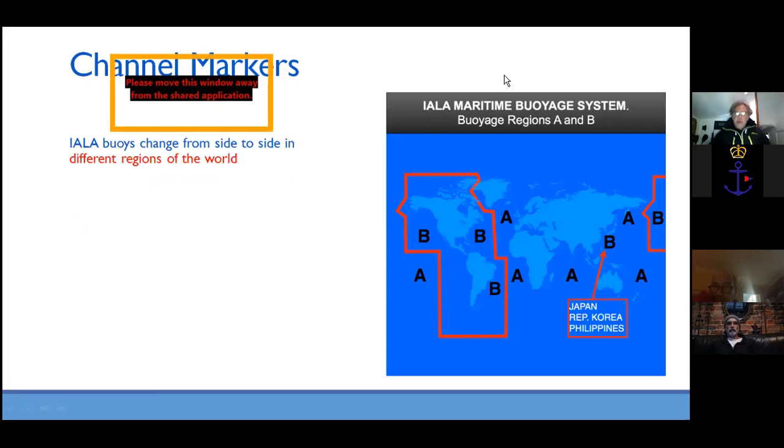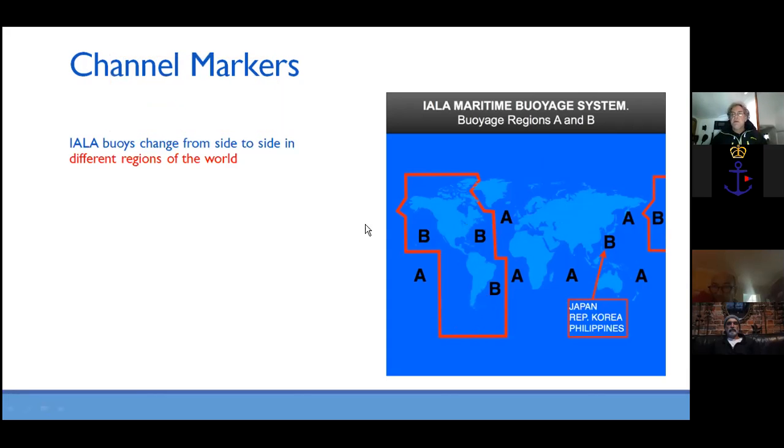However, the world over is not the same this time. We've got IALA buoyage systems. For IALA A, which is what we fall in, UK, Europe, most of the world's IALA A, Australia, New Zealand. Then you've got IALA B, which is North and South America, and then a little bit Japan, Republic of Korea, Philippines.